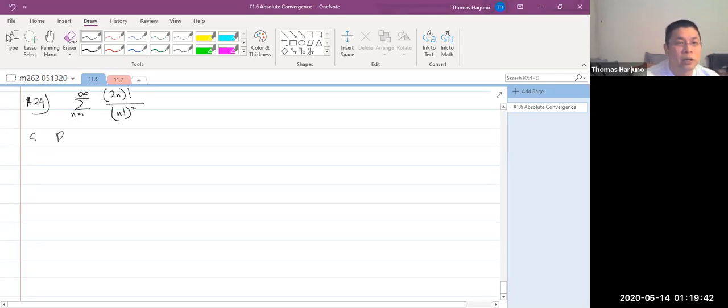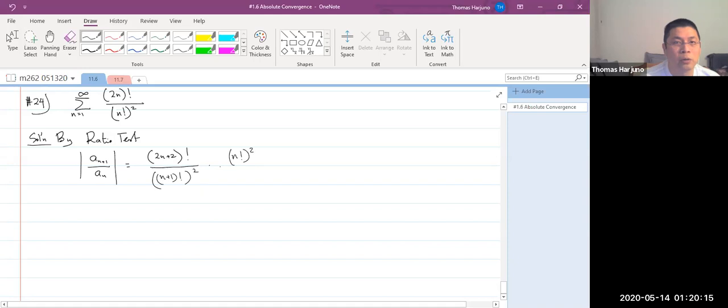By ratio test, the ratio of the next term over the current term is 2n plus 2 factorial over n plus 1 factorial squared, times n factorial squared over 2n factorial.